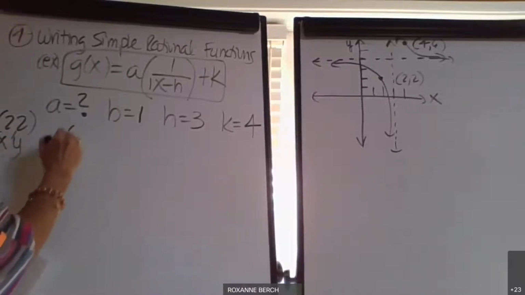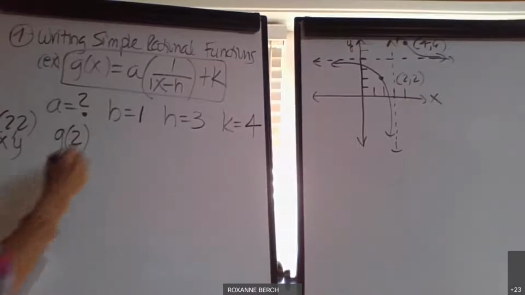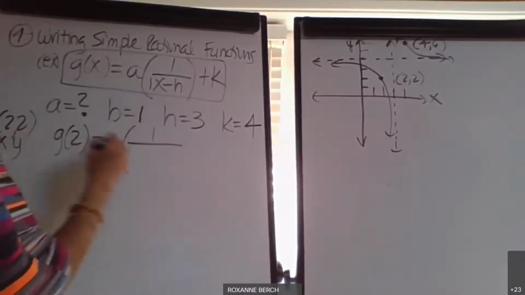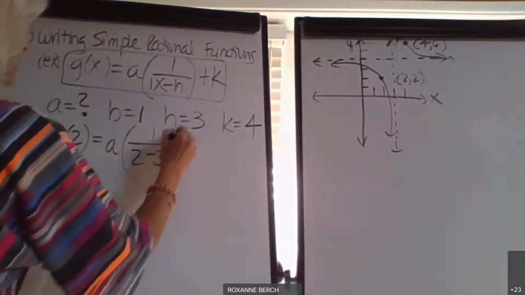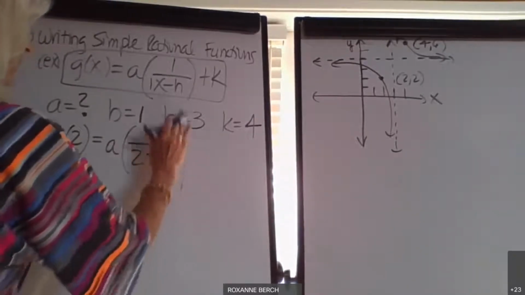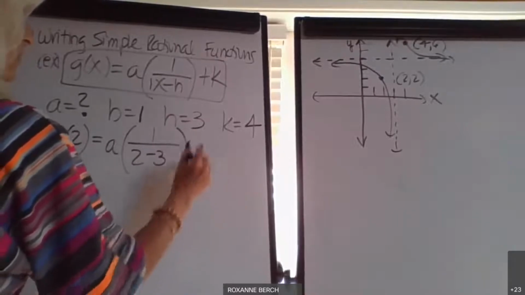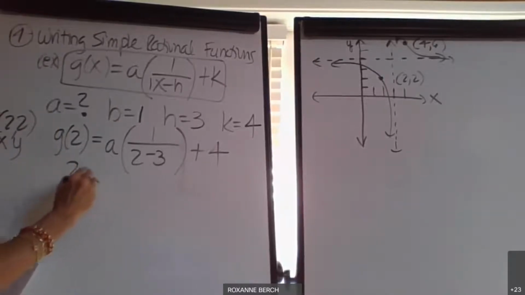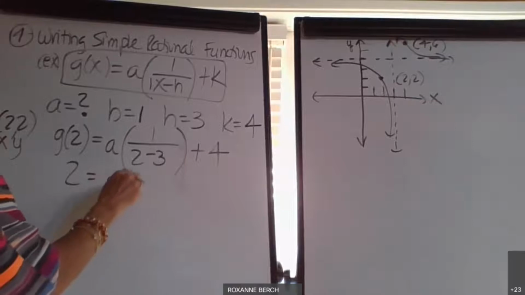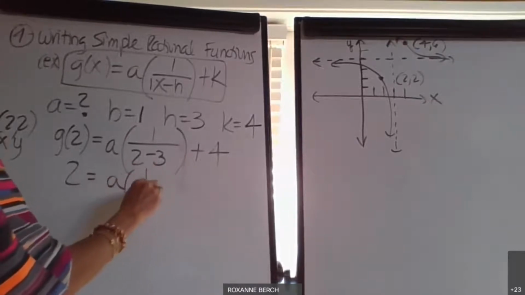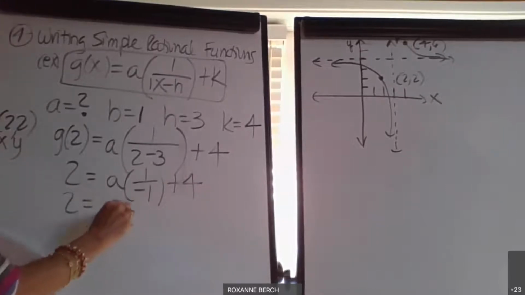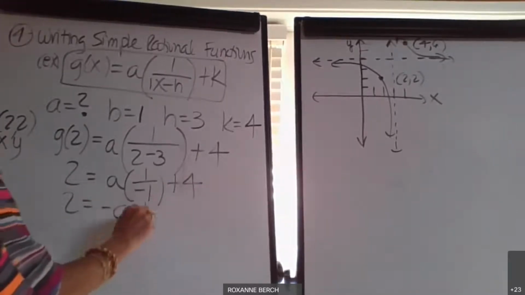All right, so we're going to take g of x is equal to a times 1 over x minus 3, plus 4. So remember, this is y, and our y happens to be a 2 also. So this would be a times 1 over -1 plus 4. So this would be 2 is equal to -1a plus 4.